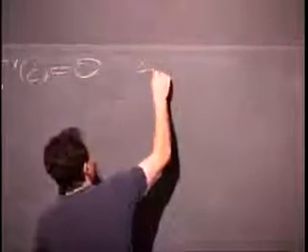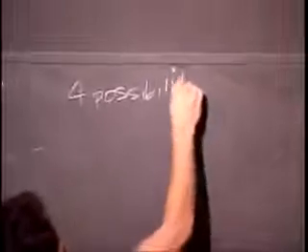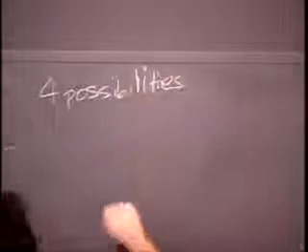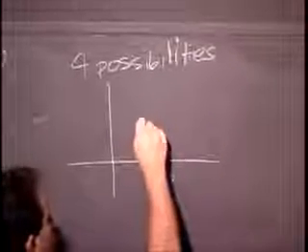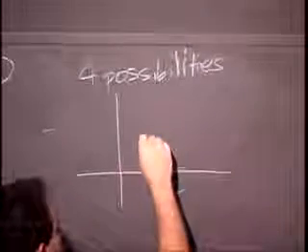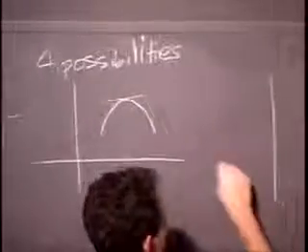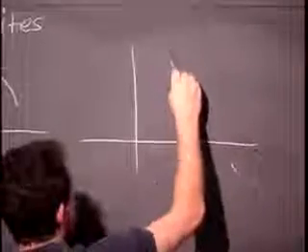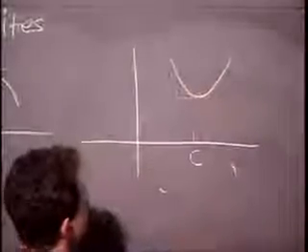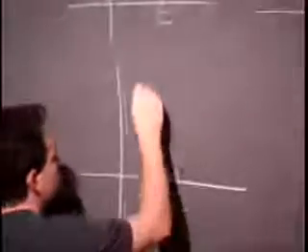Really 3, but 4 possibilities. And I'm just going to draw little pictures of them. You might have a local maximum. You might have a local minimum. Or you might have a point of inflection, horizontal point of inflection.